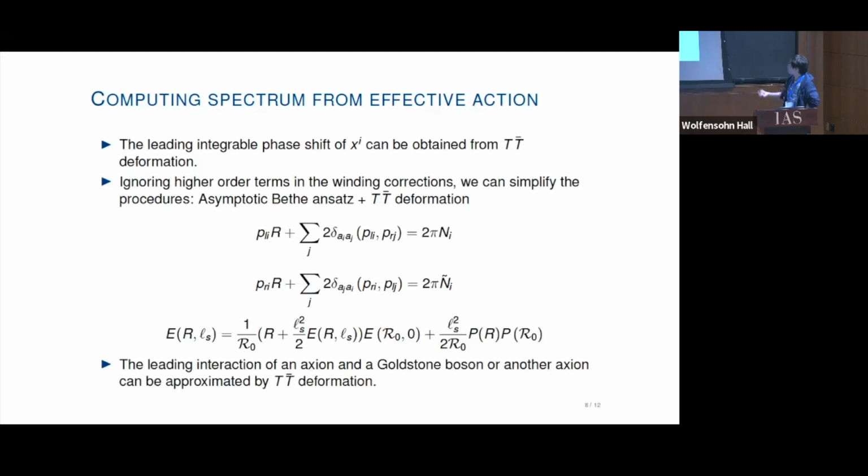Then the leading integrable phase shift of the Goldstone boson can be obtained from TT-bar deformation. So if we ignore the higher order terms in the winding corrections, we can simplify the procedure into the asymptotic Bethe ansatz with TT-bar deformation. And we also assume that the leading interaction involving axions can be described by the TT-bar deformation.